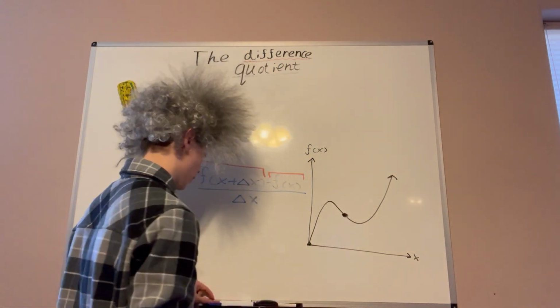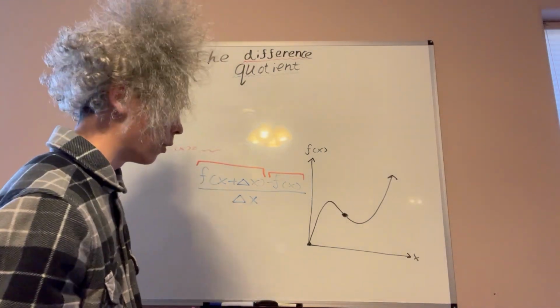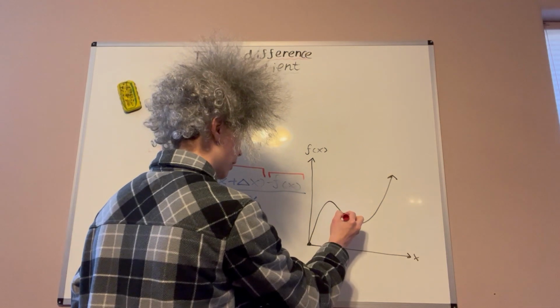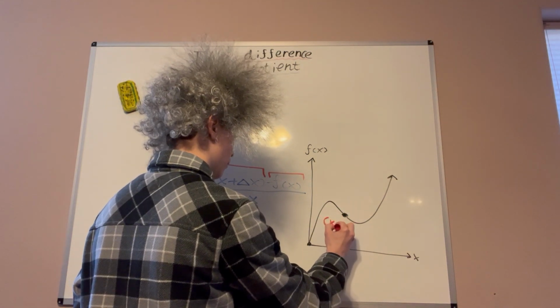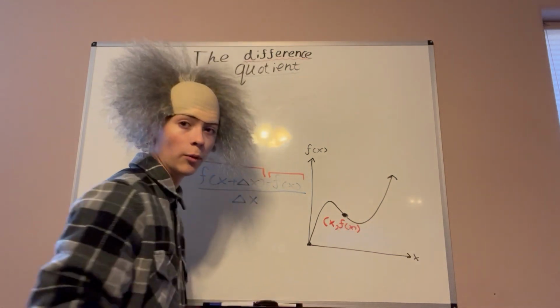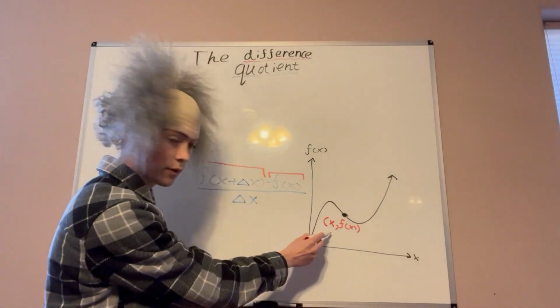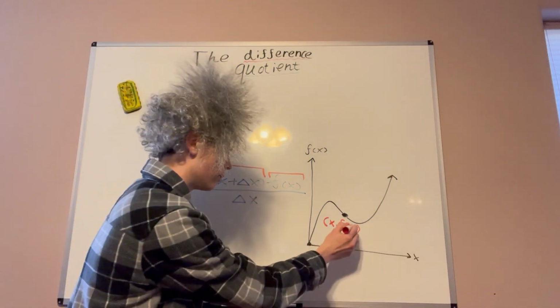Now I'll use a different color. If I were to label the ordered pair for this first point, it would be x, f of x, because we don't necessarily know what those numbers are. But we do know that if we plug in x, we will get an output value, f of x.